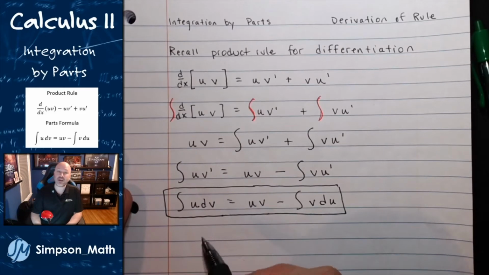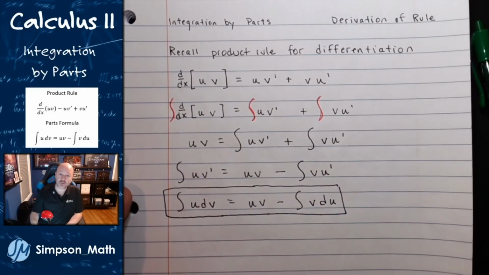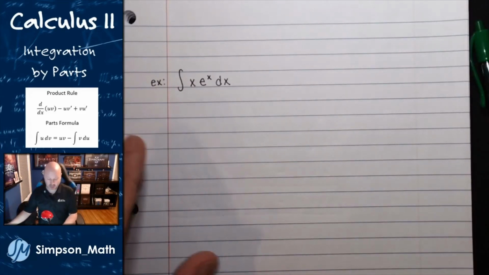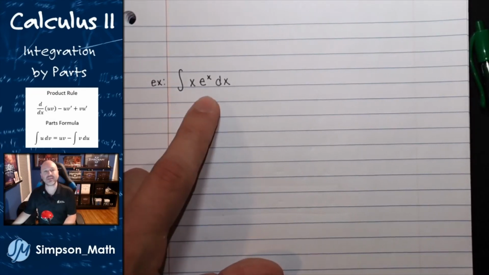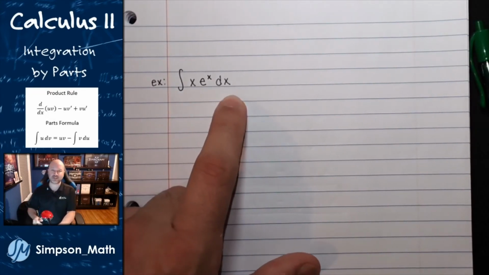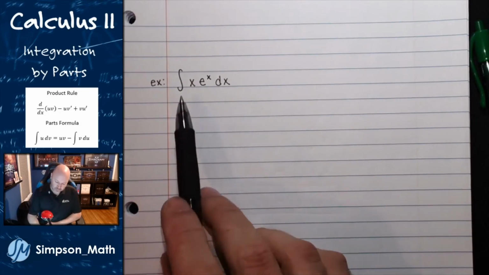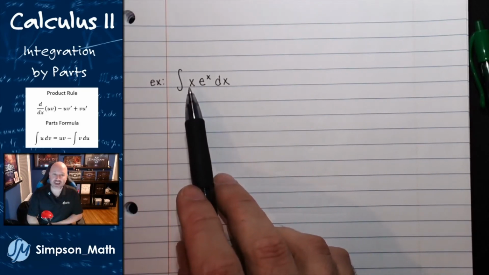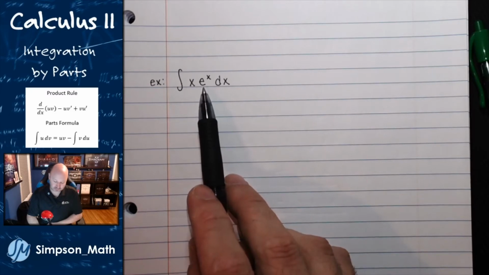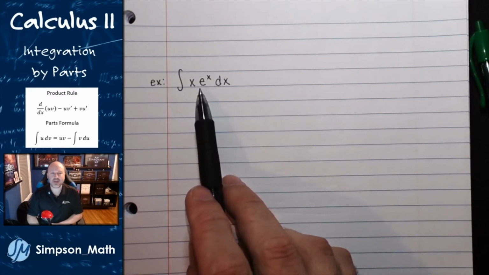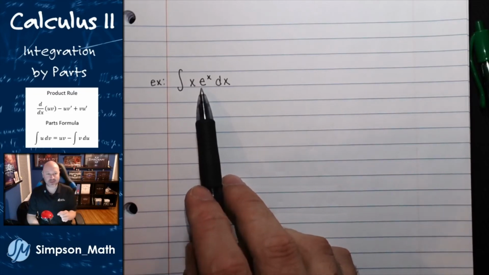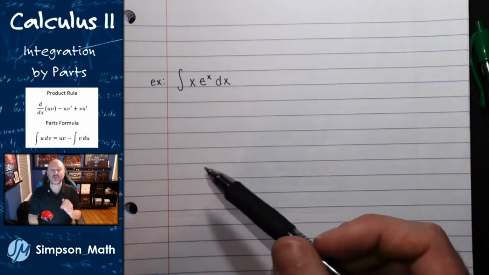All right, for a quick example, let's do the integral of x times e to the x with respect to x. So this is a product. I have x times e to the x, and I think I'd like to use this parts formula. Now, I highly recommend for the first 50 times you use the parts formula to write it down.